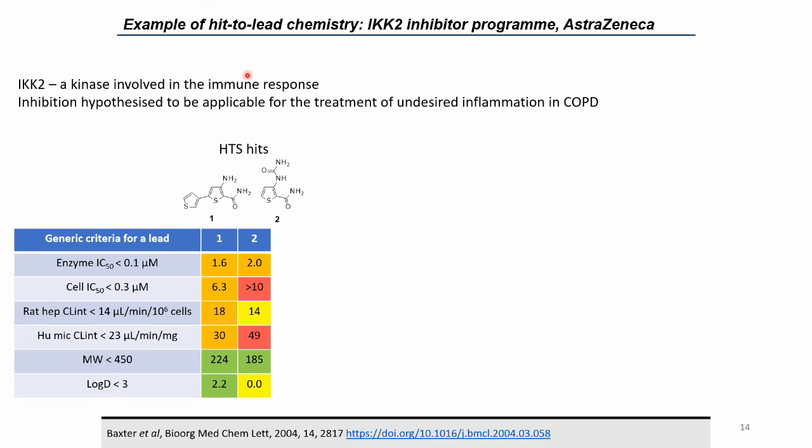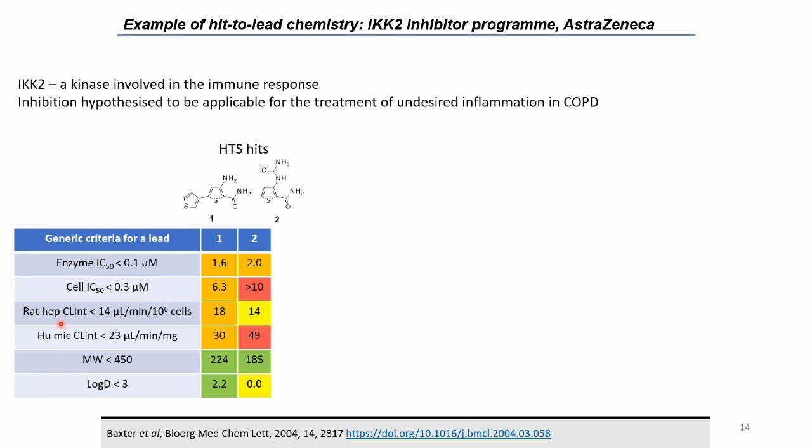and on the left hand side I've got some assays and the generic criteria that were there at the time for what was needed to be a lead. So this is where the project wanted to get to. They wanted to have activity at an enzyme of less than 0.1 micromolar. They wanted cell activity of less than 0.3 micromolar.